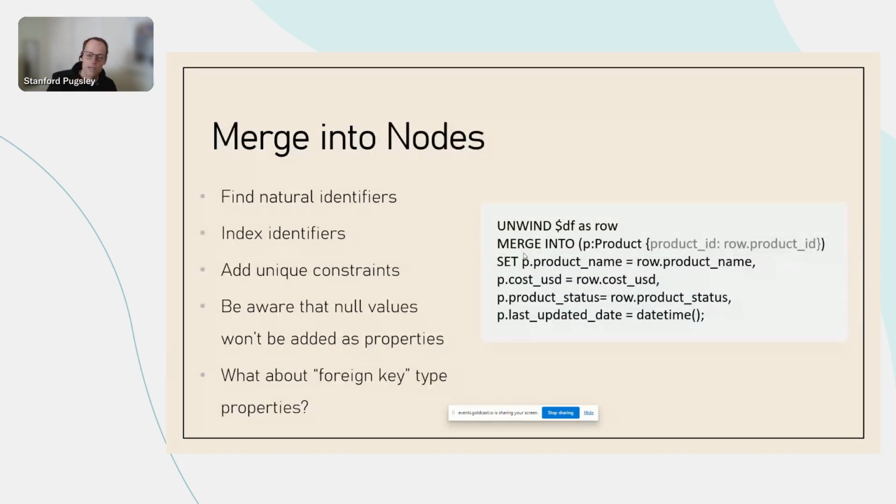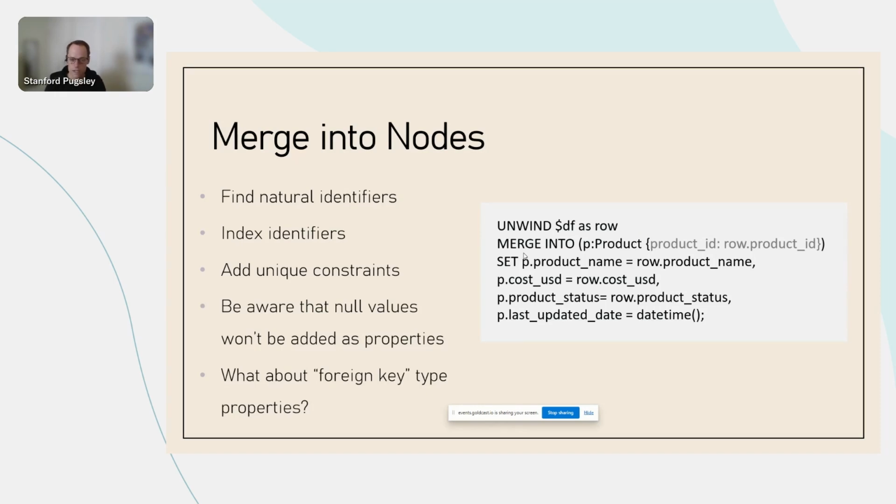All right, so then you're getting into the merge process. So I mentioned those natural identifiers. It's just such a critical step to really understand what identifies that node type. Don't do anything with the node type until you figure out what's the granularity, what's the identifier. Otherwise, what you're going to find is you have duplication and that you're going to have a messy graph.